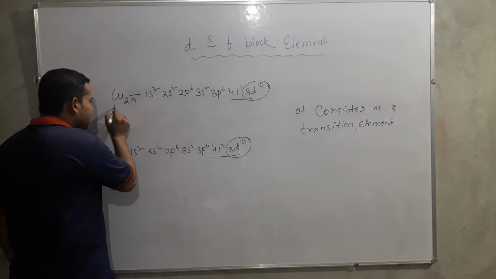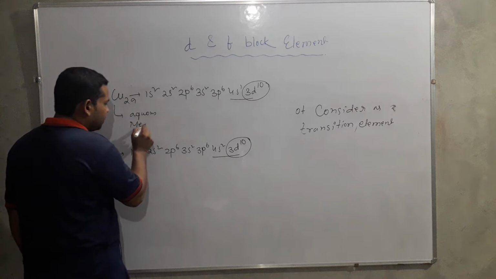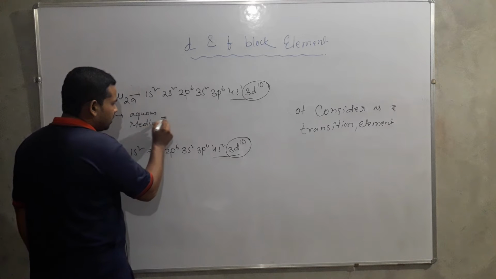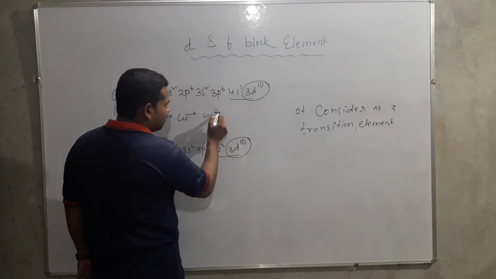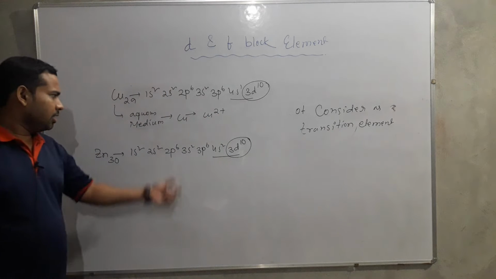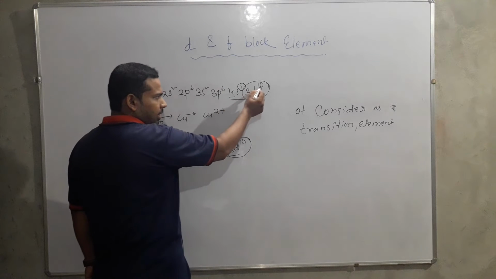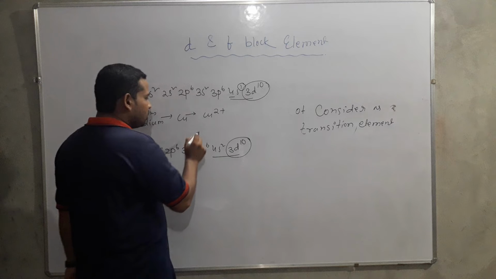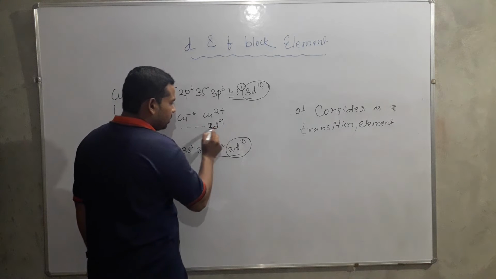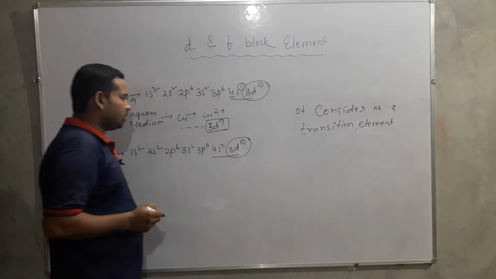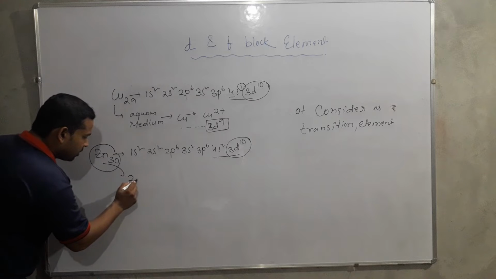In aqueous medium, copper exists as copper 2+. In copper 2+, one electron is lost from the 4s orbital and another electron from 3d10. So this one becomes 3d9 configuration. Clear, people? Or if you consider zinc in aqueous medium, this one shows the plus 2 state.